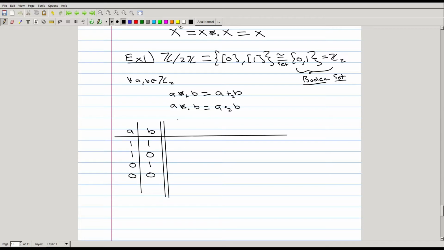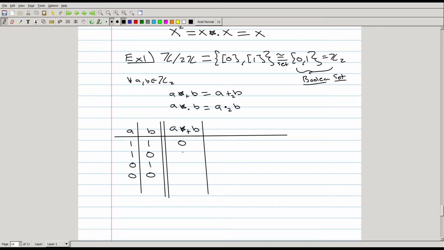And sure enough, A star plus B when A is 1 and B is 1 is going to be 0.